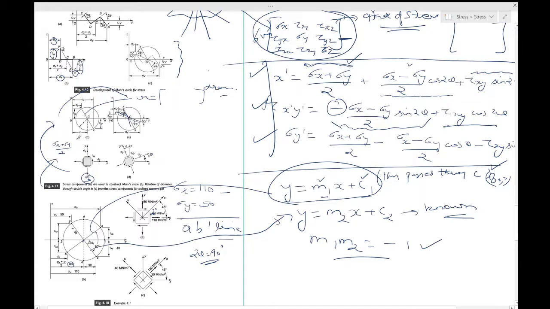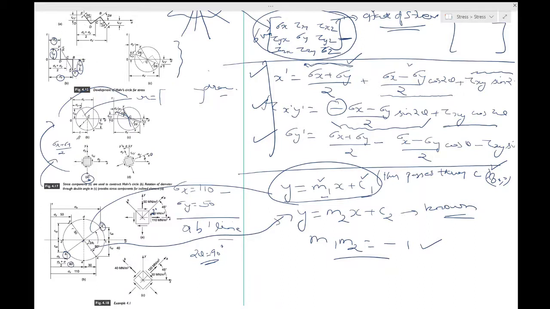So with this condition and this condition, you should be able to find this equation. That's one way to go about it. And then you can always see the intersection of the circle with this line AB, and then you will get the coordinates of A and B. That is one method, and you can always have the other method, which has been discussed before.